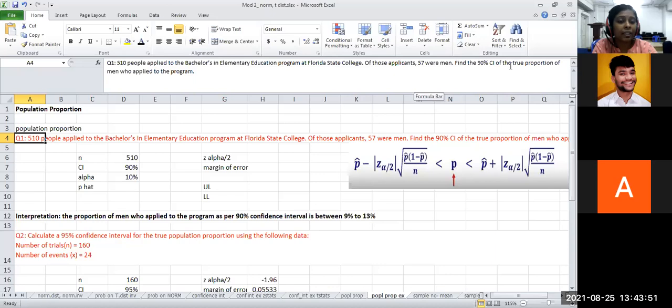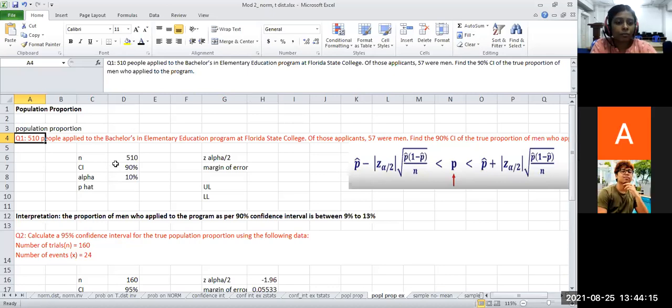Find the 90% confidence interval of the true proportion of men who applied to the program. So we have to find the true proportion of men who had applied for this particular program. So between what lower limit and upper limit are the values?